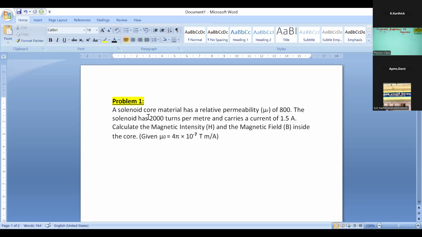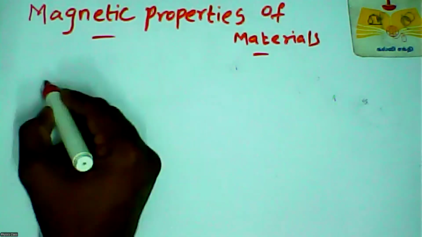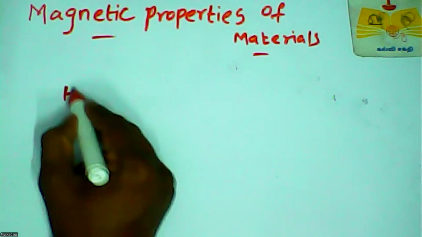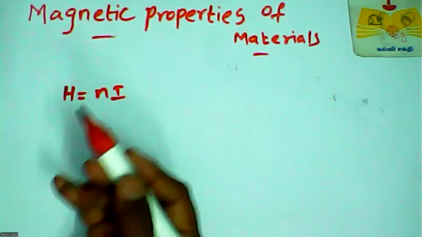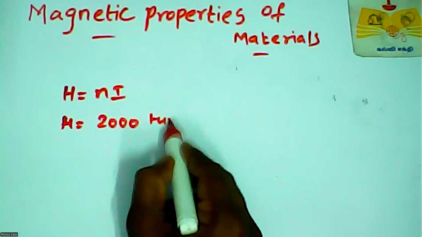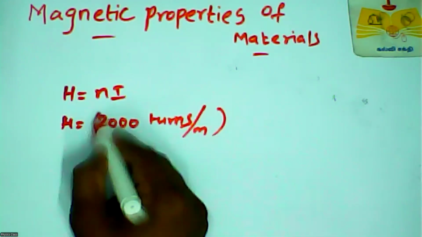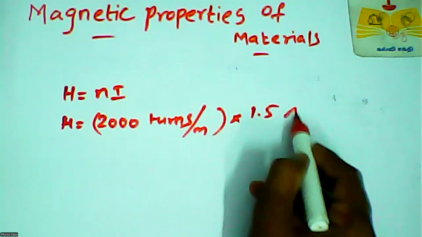So mu r 800, 2000 turns, current 1.5 ampere. We have to find H and B. So, the data given, and already we know that H is equal to N i. Here the number of turns is 2000 turns per meter, i means current, here 1.5 ampere.